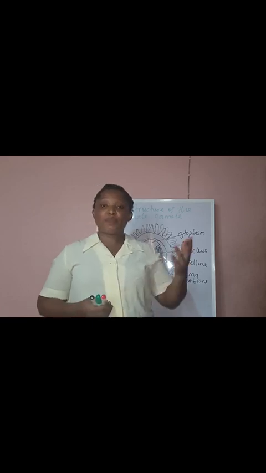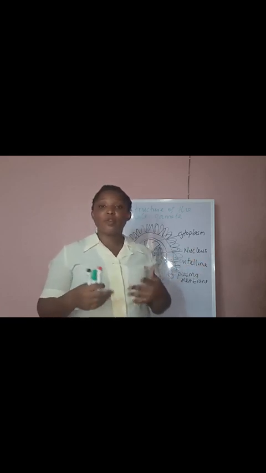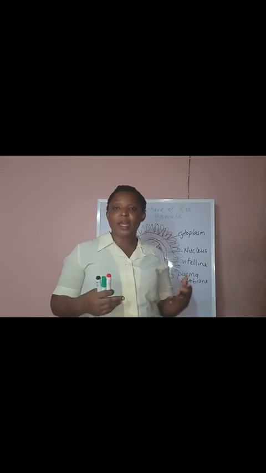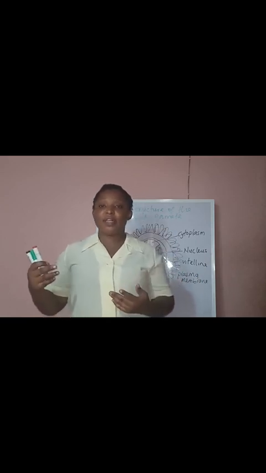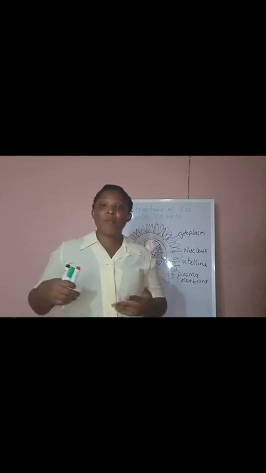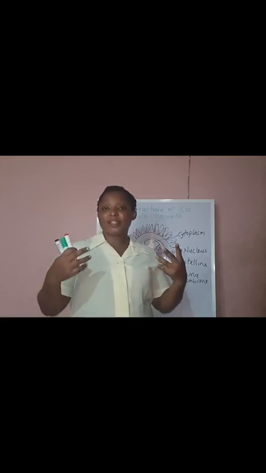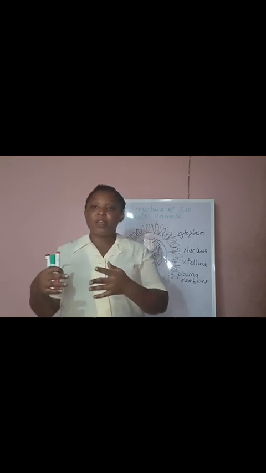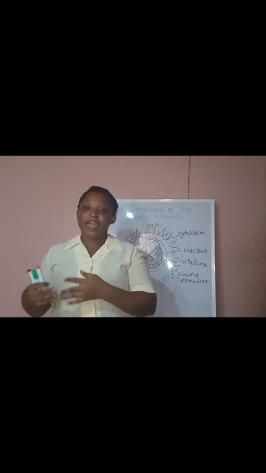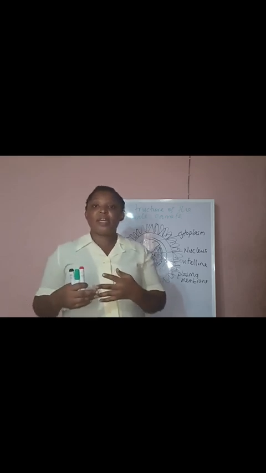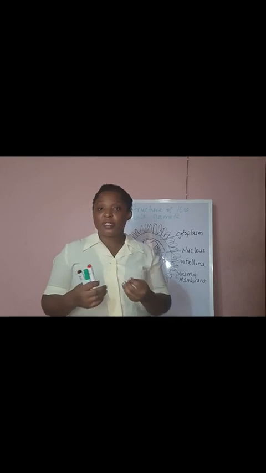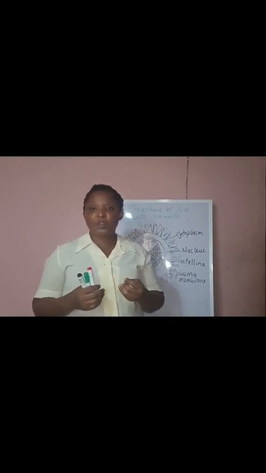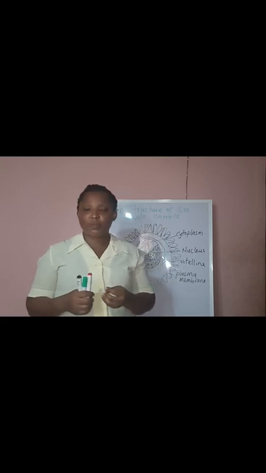The sperm has a tail that it can use to move, so the sperm is motile, but the egg lacks a tail, so it is immotile. The sperm has a head, but the egg does not have a head. These are the differences between them.